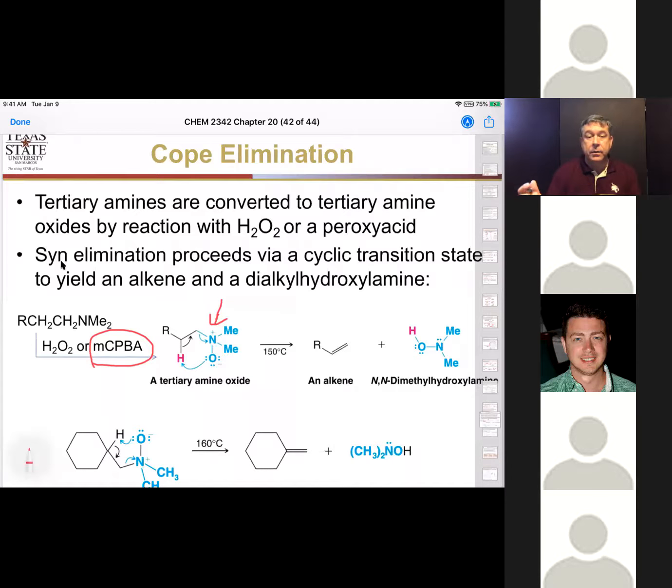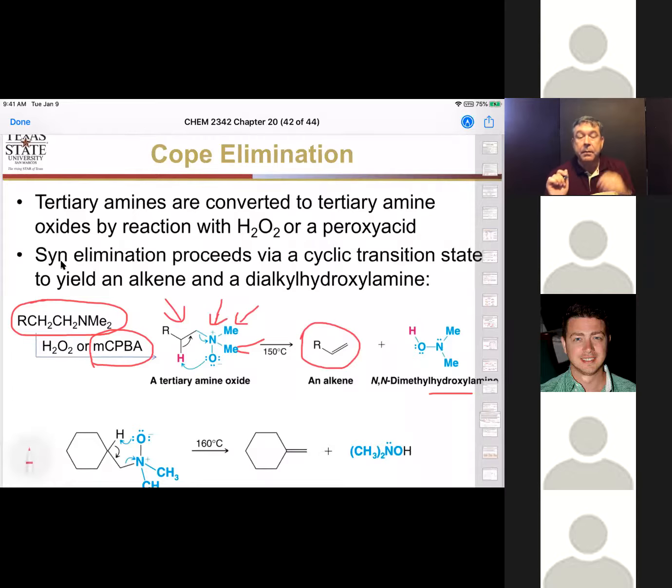Okay, so in this case, we would take an alkyl halide, and it works best if you have a dimethyl tertiary amine, because you want to make sure where that beta hydrogen is leaving. These methyl groups don't have beta hydrogens, only the other chain will have a beta hydrogen. Therefore, we react it with peroxide and then heat it up, and it eliminates to give the hydroxylamine plus our alkene.